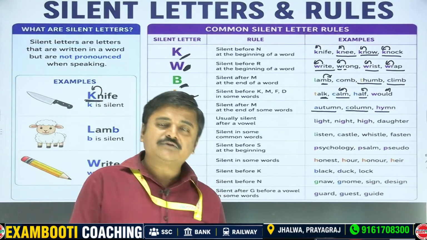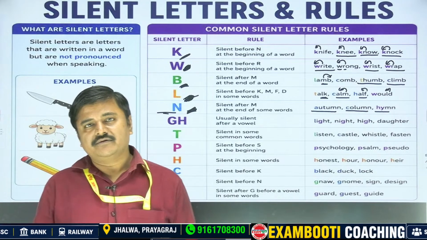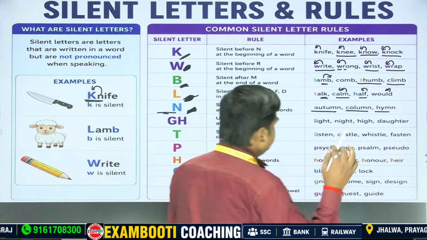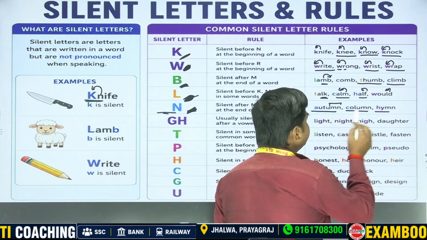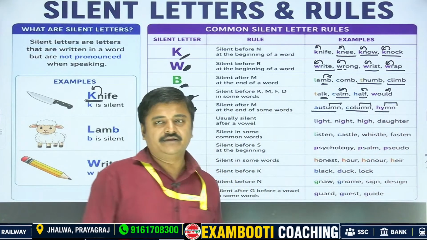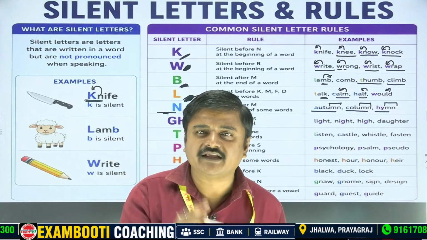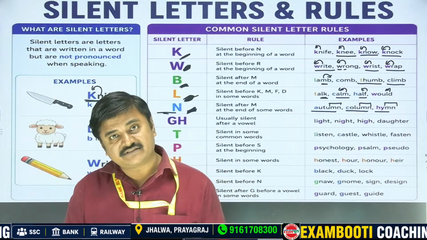Carol is also a song sung in church. So this is a devotional song actually. So leave that. Whenever you see n just after m in any word, you should understand that n is silent in all these words. Okay?